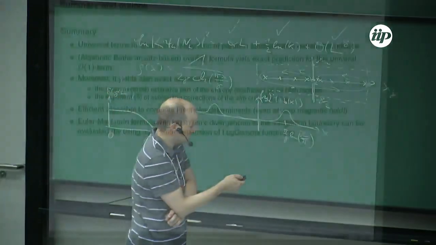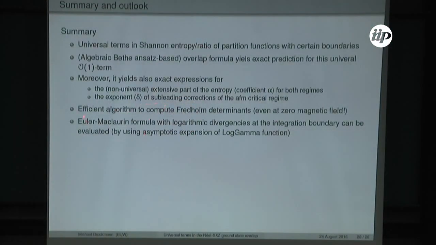And the method used was an efficient algorithm to compute ratios of Fredholm determinants. This is also applicable to the zero field situation, where it might be difficult because usually these integrations are from minus infinity to plus infinity, but as I have shown, this is doable and gives the correct answer.